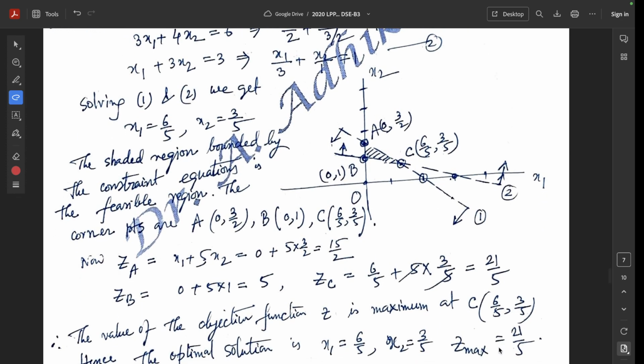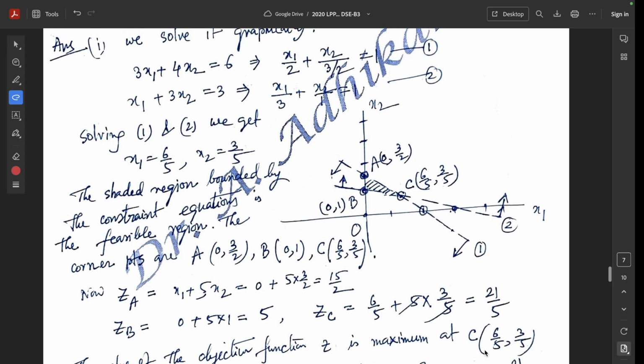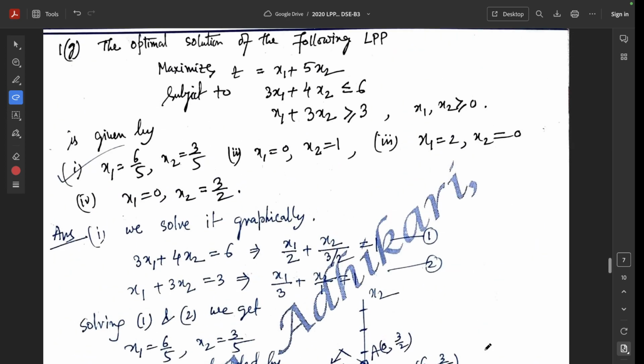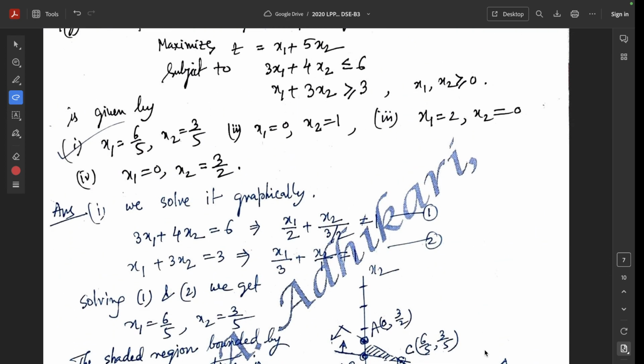So the maximum value of Z is 21 by 5, which occurs at point C. So the solution is x1 equal to 6 by 5, x2 equal to 3 by 5, and Z max equal to 21 by 5. This is the maximizing problem.